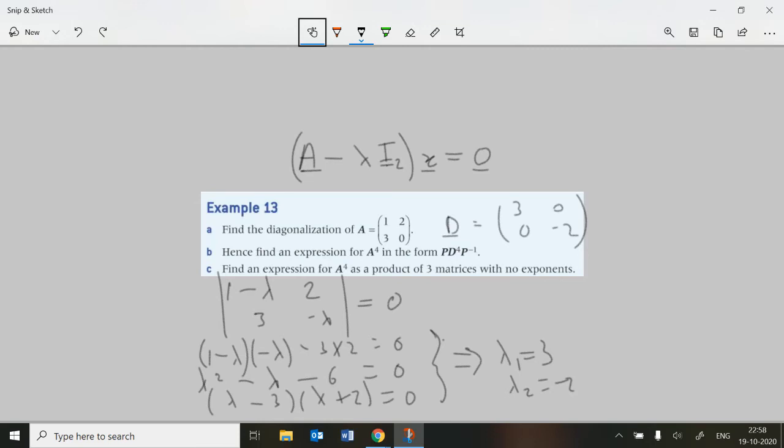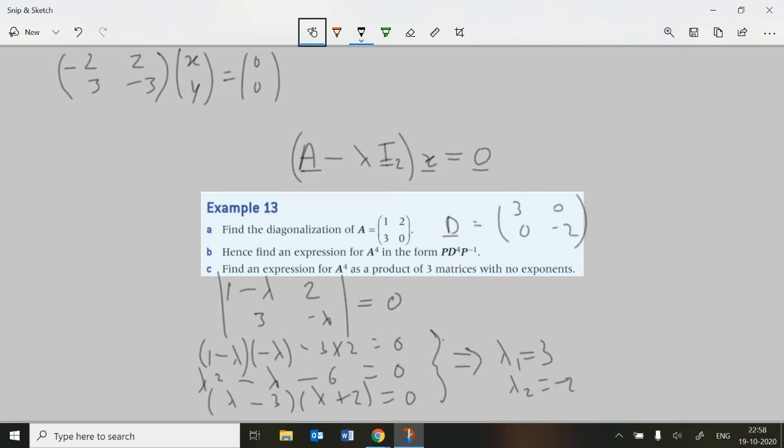Let's put the 3 back into here, and we've got minus 2 and 2 and 3 and minus 3 there. When we apply that to our x, y, let's call that x1, y1 if you want, because this one is called lambda 1, but we can just call them x and y as well. So let's just call them x and y in this case, just keep it a little simpler. That's going to be equal to 0, 0.